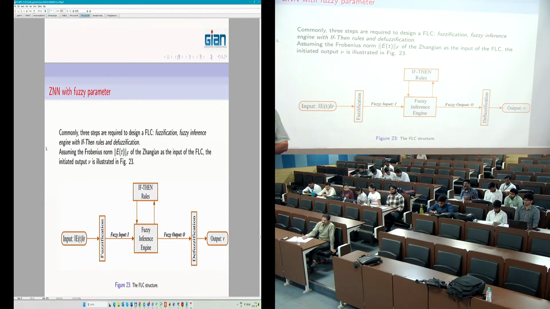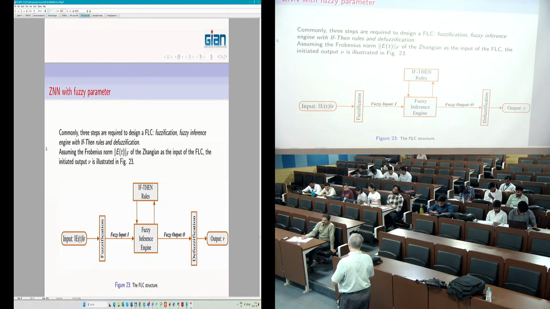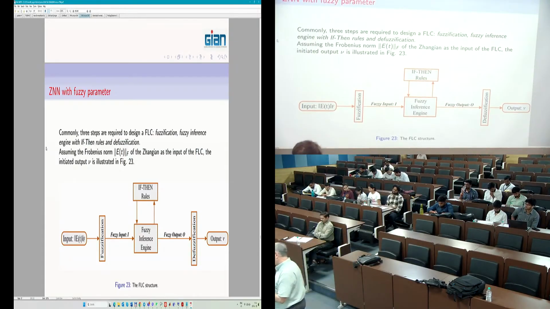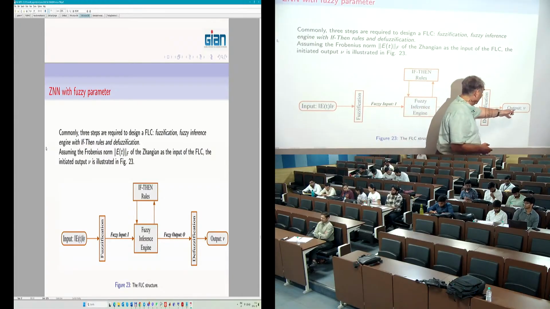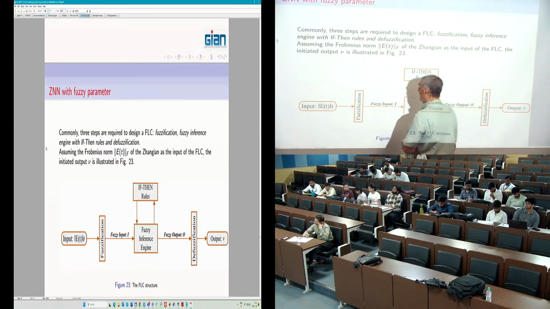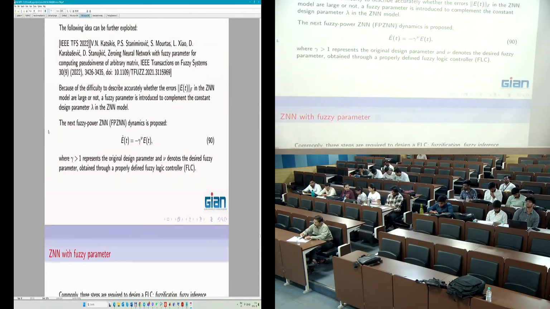It is good to trace the behavior of E of t during time, and according to this behavior, use if-then rules. After that, defuzzification generates the output nu. The output is used as the exponent of gamma.